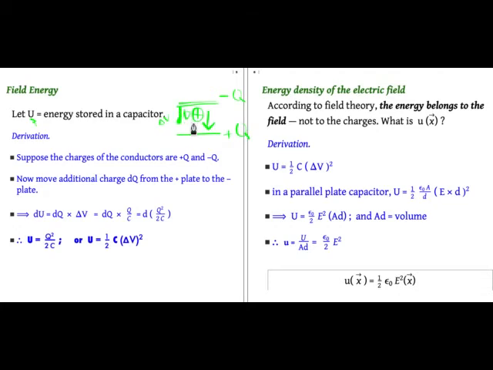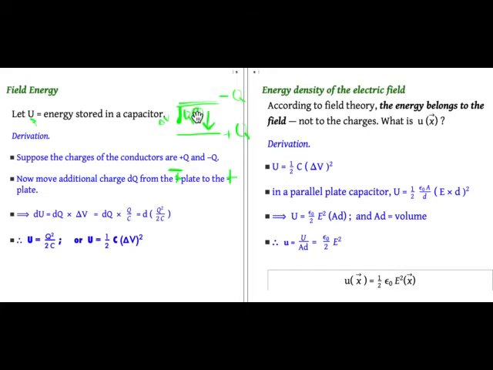It's a little bit of positive charge we take from the negative plate and put it over on the positive plate. All right, so we start with the charges plus Q and minus Q. Now move an additional charge dq from the negative plate to the positive plate.